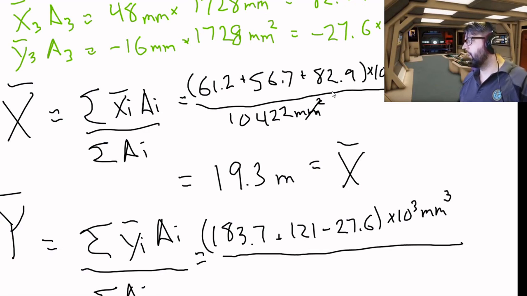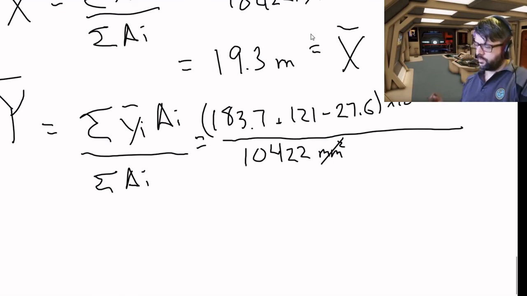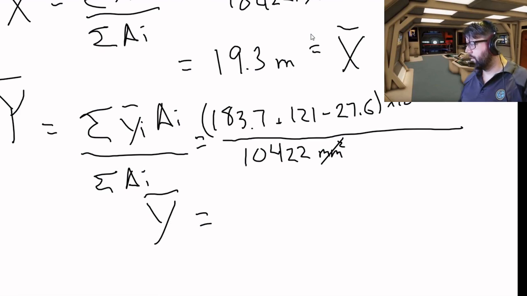And then divide that by our area again. Alright, units still cancel out to millimeters. So, plug that into the old calculator. That gives us a Y bar of 26.6 millimeters.